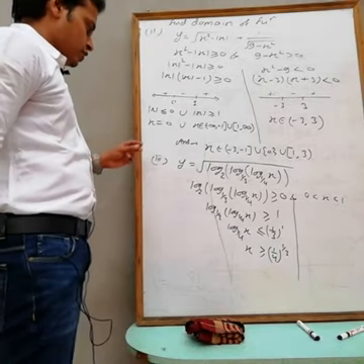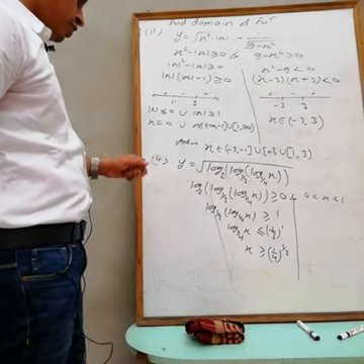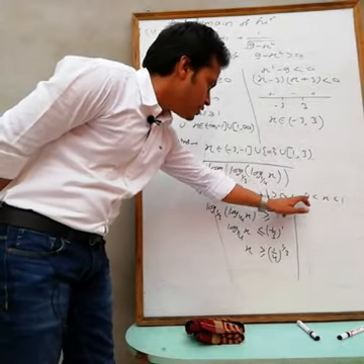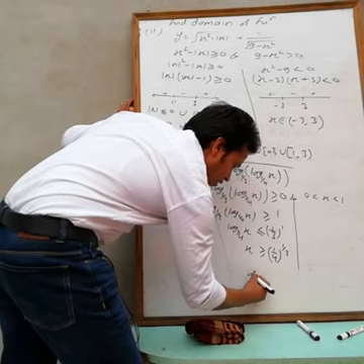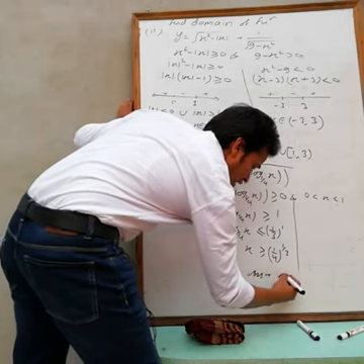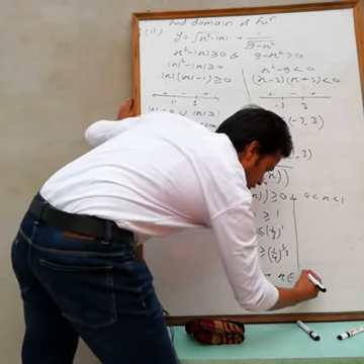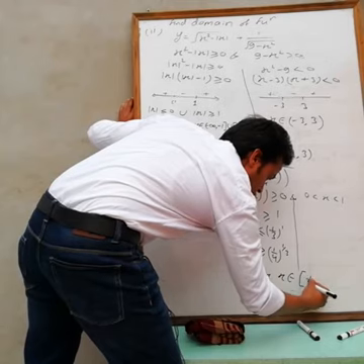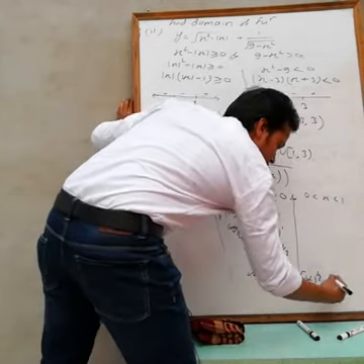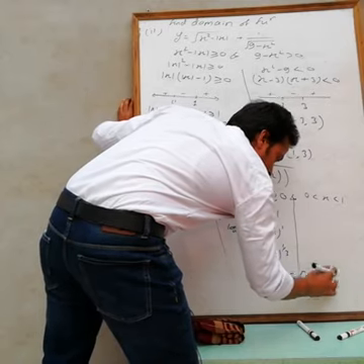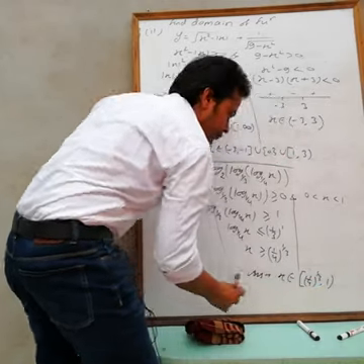Now if you take the intersection of these two, then we get the final answer: x belongs to greater than or equal to 1 by 4 power 1 by 3, and less than 1, not included.